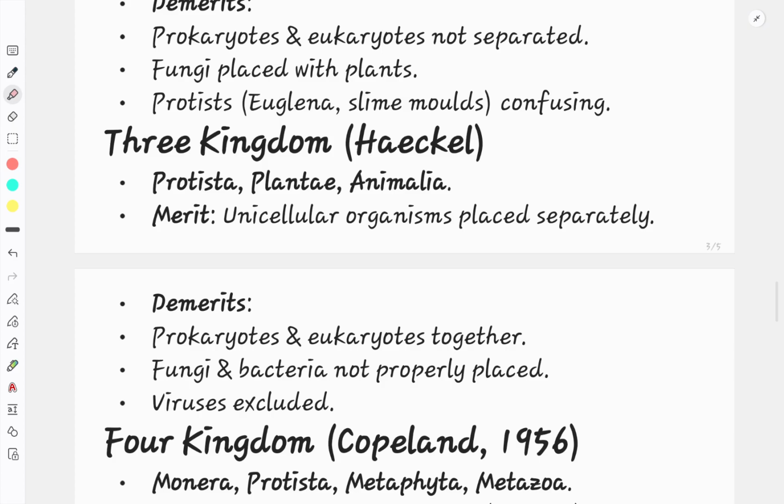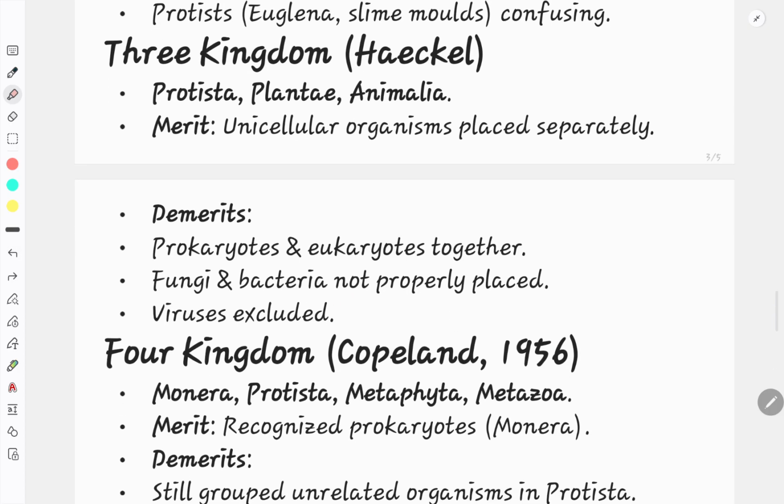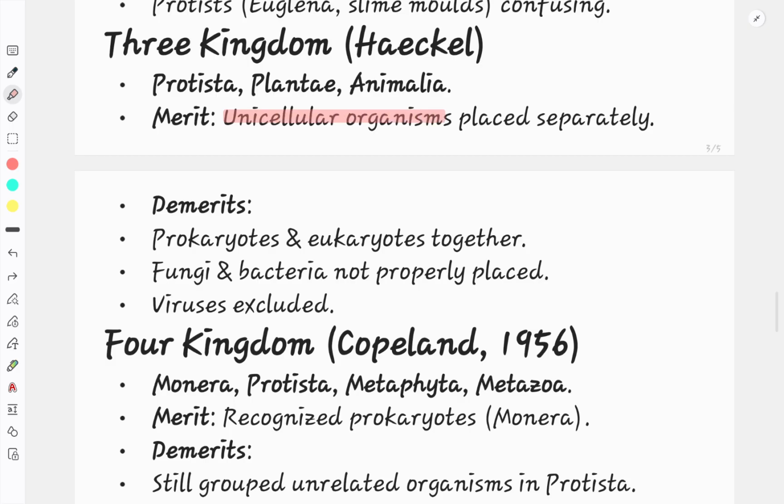Three kingdom classification was given by Ernest Haeckel. He added the Protista, and there were three kingdoms. Merits: unicellular organisms were placed separately. He was the first one to separate them.